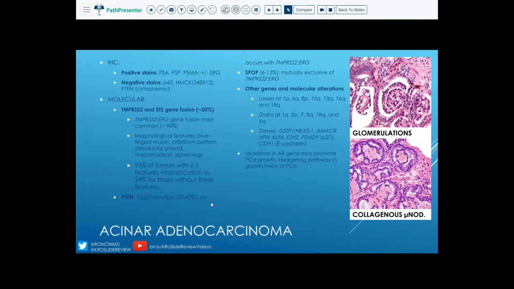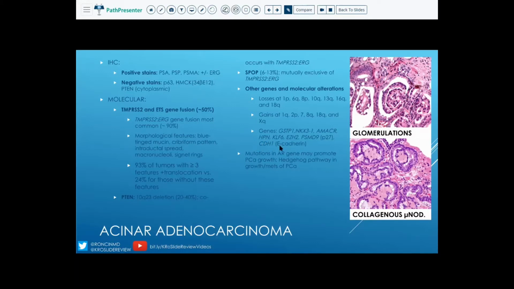PTEN loss can be seen in about a third of your cases, and PTEN loss also can occur with that ERG gene fusion. Then we start getting into things that are maybe associated with familial genes or are relatively low percentage, like SPOP, with lots of individual mutational losses and gains. Remember, if we can have signet rings, think CDH1, E-cadherin.